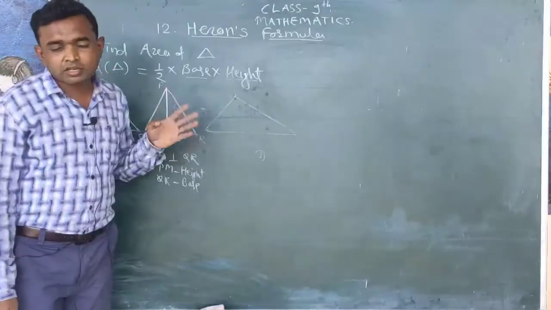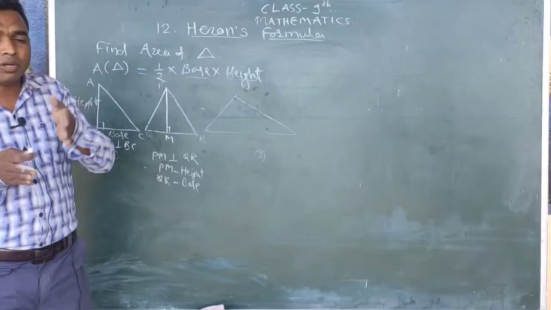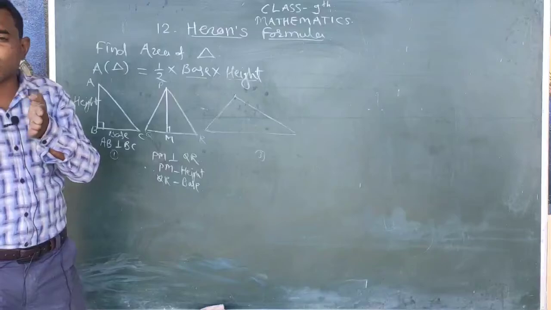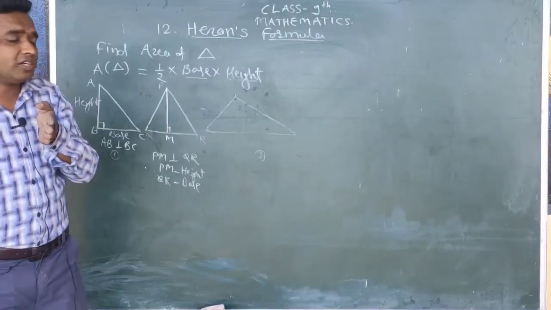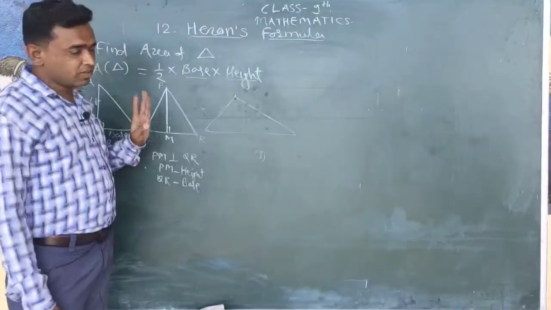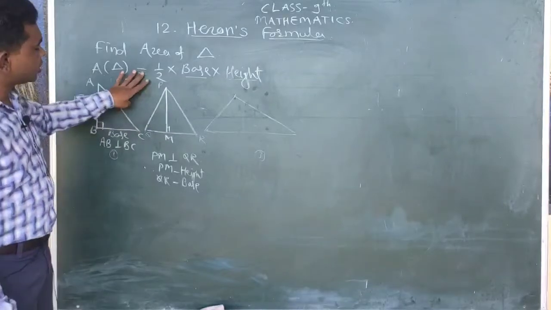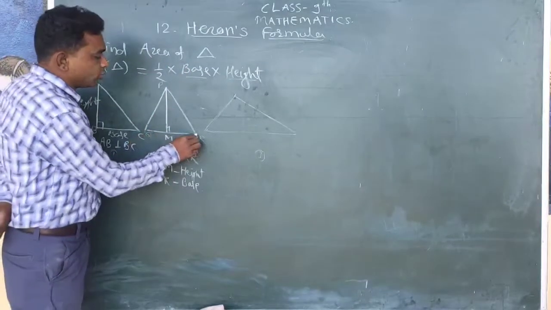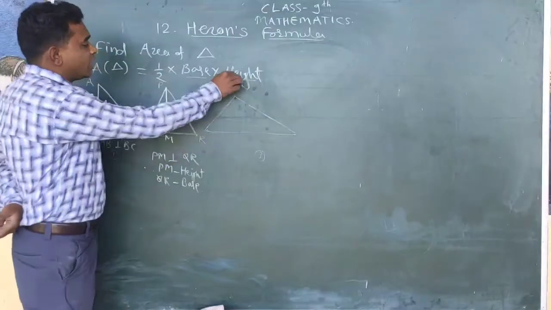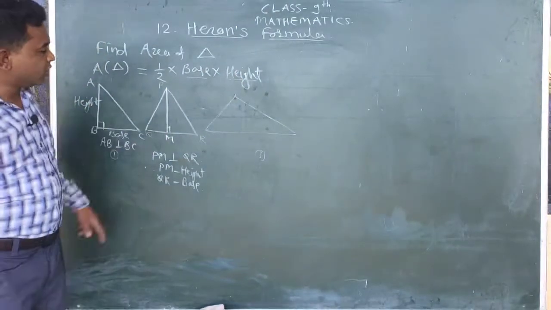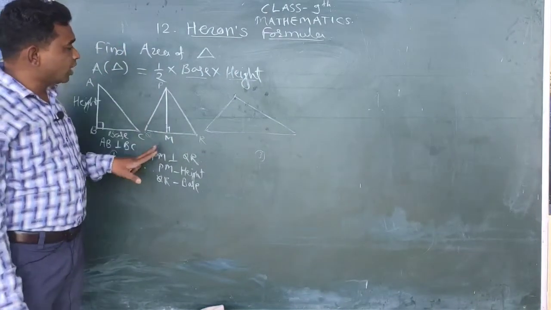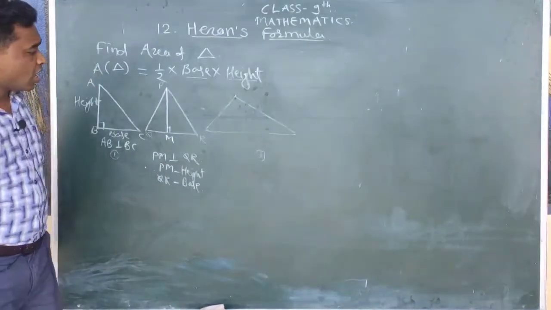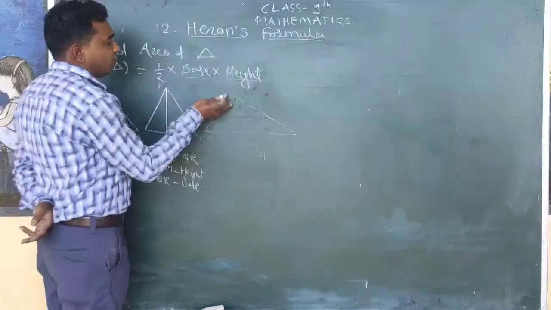But when you draw a perpendicular, consider it as the height, and the side it is drawn on is considered the base. So to find the area of triangle PQR, simply half into base, where base is QR and height is PM. By using these values of base and height, we find the area of triangle PQR. Now consider the triangle XYZ.